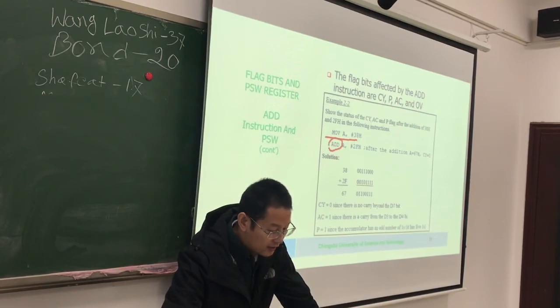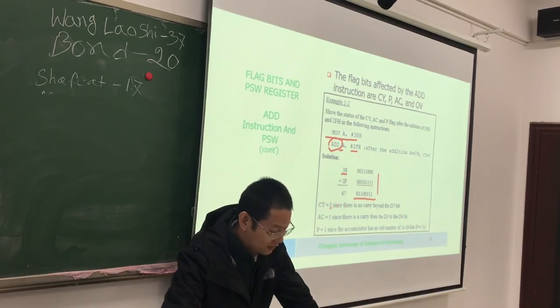ADD A, #2FH. Convert the numbers to binary, and we can do the binary operation like this.